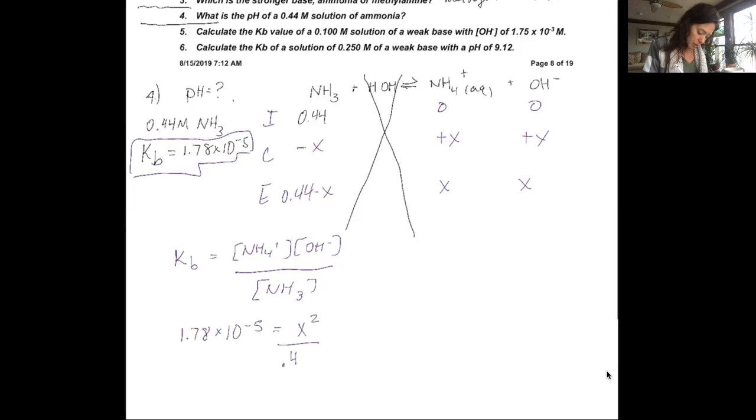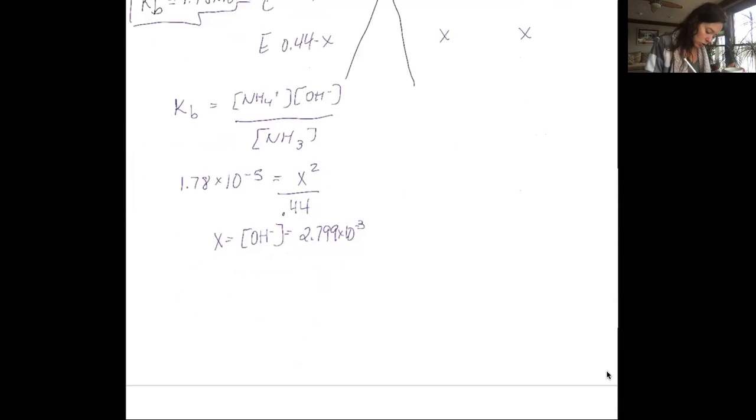Now I'm just plugging in my numbers. I will once again assume x to be small. When I do all this math, I will get that x, which is equal to hydroxide, is equal to 2.799 times 10 to the negative 3rd. I need to know the pH, so I'm now going to get the pOH because that's equal to the negative log of the hydroxide, which I just calculated.